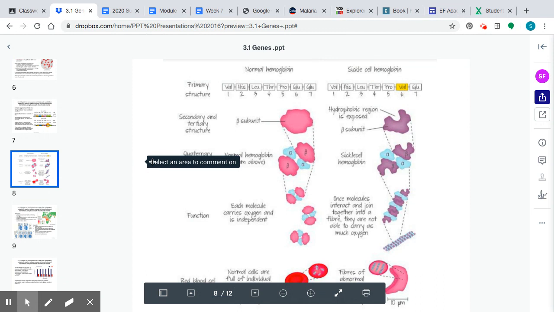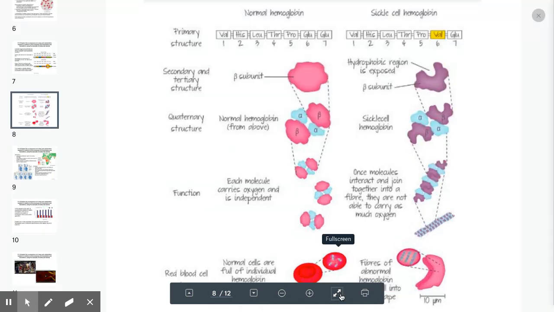And you can see it. I think I stole this from Cognitive, but they did a very nice job of explaining this. So in a normal situation, your beta subunit is like this, right? And if we're looking at it from the top, you have 2 alpha subunits, 2 beta subunits. And by having this spacing out like this, it's very easy for it to have oxygen associate with it.